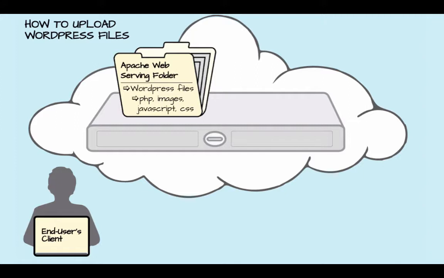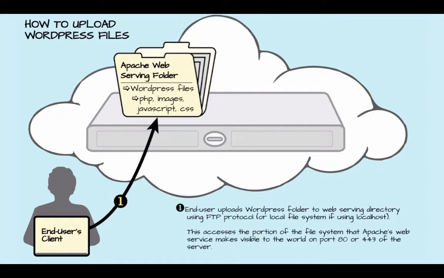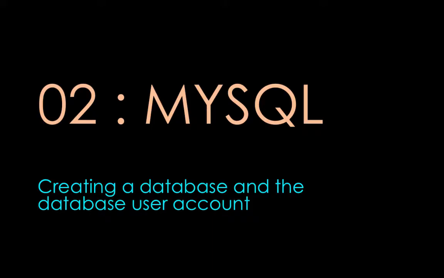And what you're going to be doing is moving those WordPress files that you downloaded from wordpress.org into the web serving directory. All right, and so that's what this step is doing. So you're either going to be using something like FTP protocol, or if it's on your local file system, you're just going to be moving the files over. But this is going to access the portion of the file system that Apache's web service makes visible to the world on port 80 or 443 of the server.